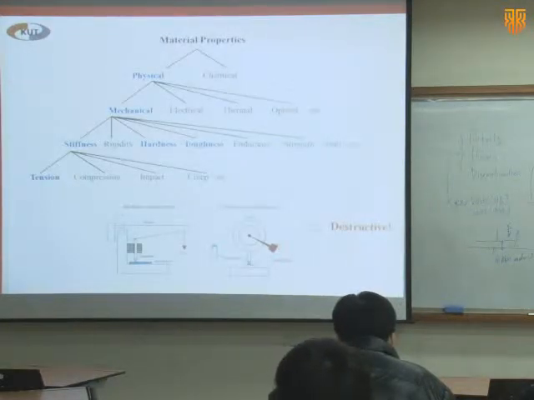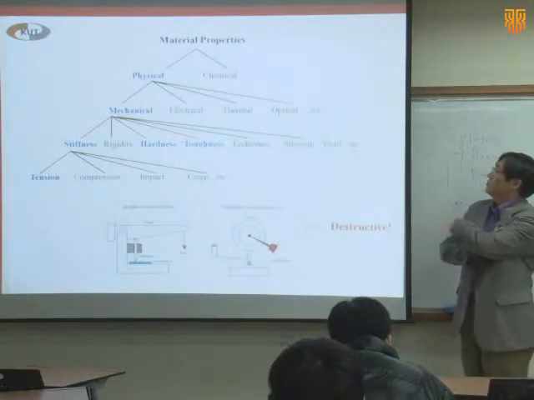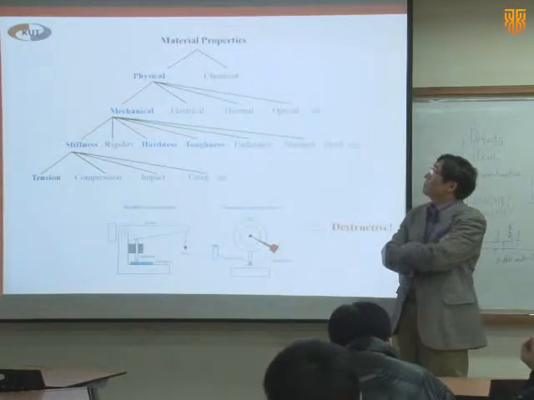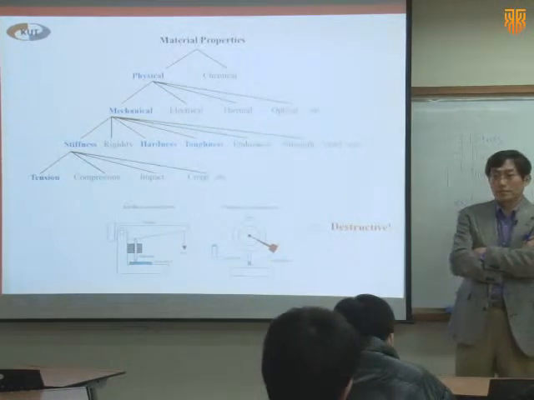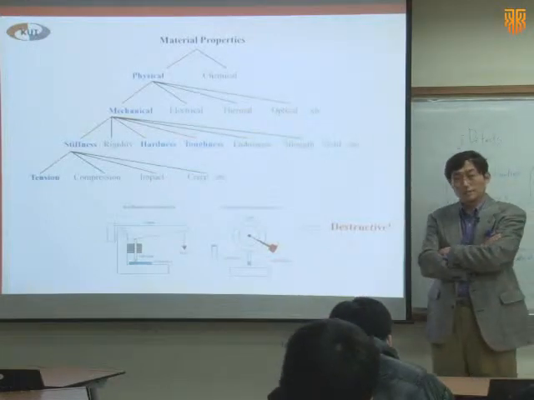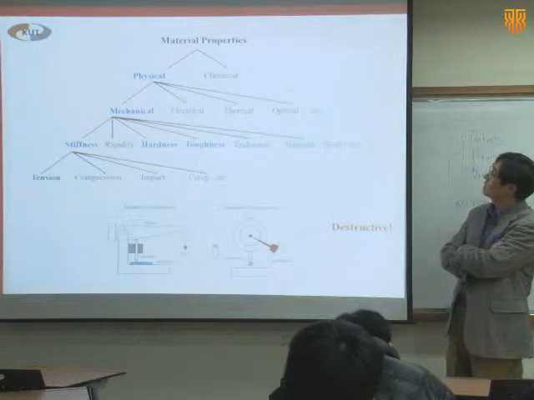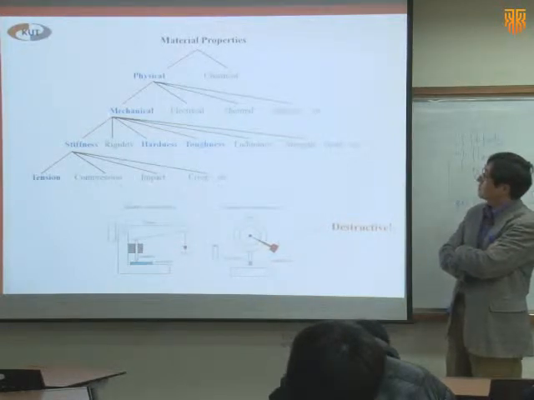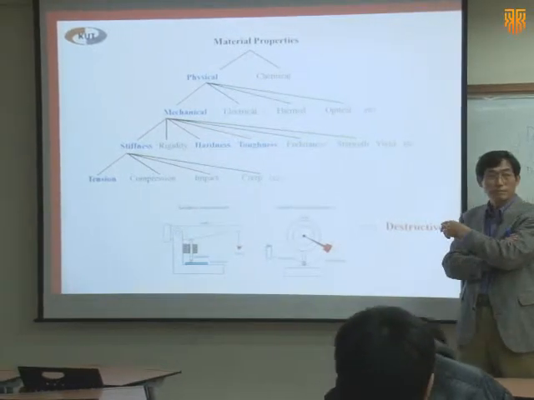So I'm gonna show one of few examples of how to measure the material property. Usually, when you say material property, it includes many things, right? But it is composed of two main parts in industry: the physical material property and chemical material property.